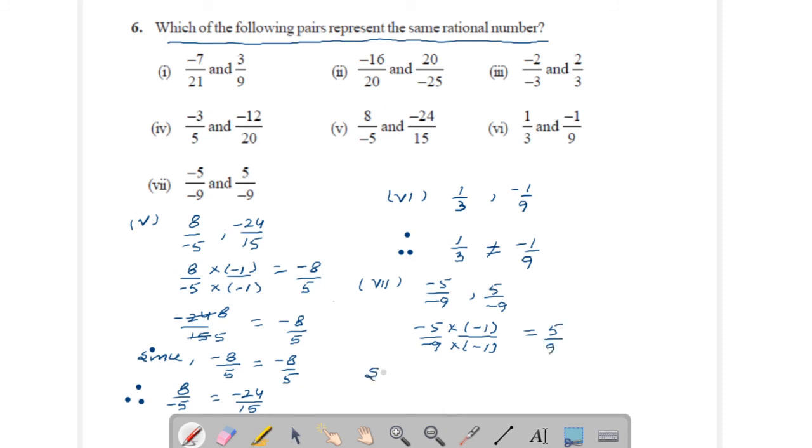Since 5 upon 9 is not equivalent to 5 upon minus 9, therefore minus 5 upon minus 9 is not equivalent to 5 upon minus 9.